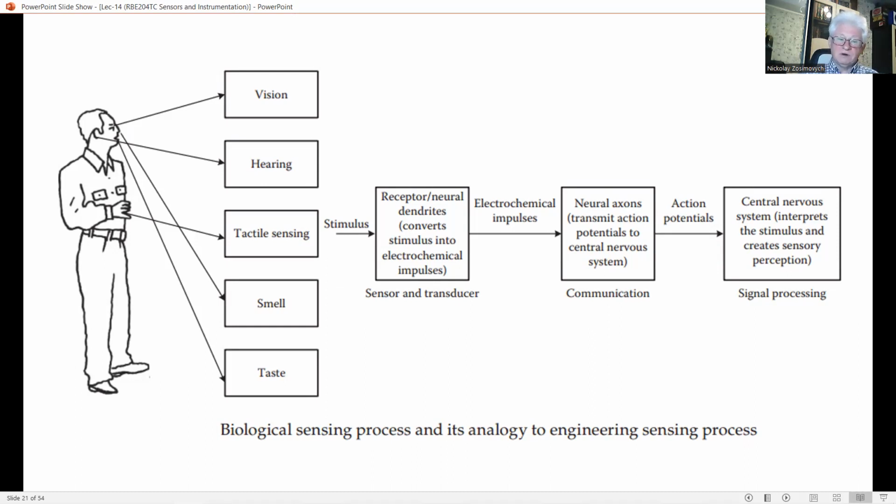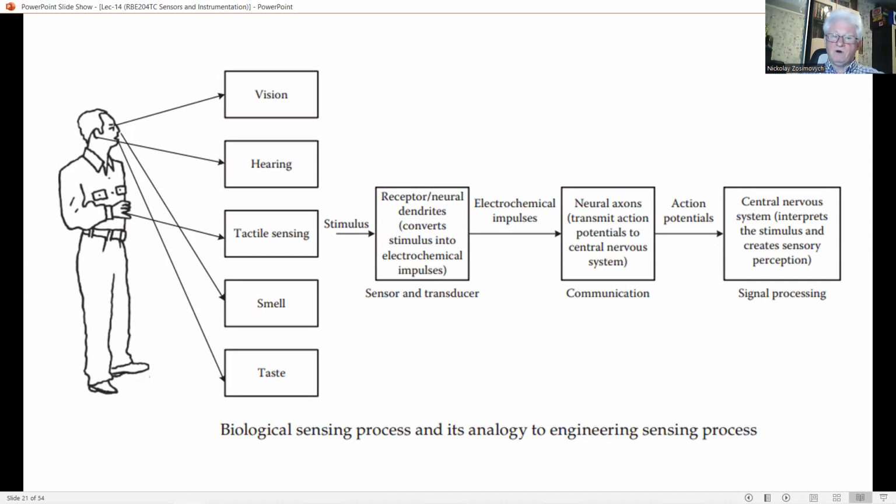A stimulus, like light for vision or sound waves for hearing, is received at the receptor, where the dendrites of the neurons convert the stimulus into electrochemical impulses.